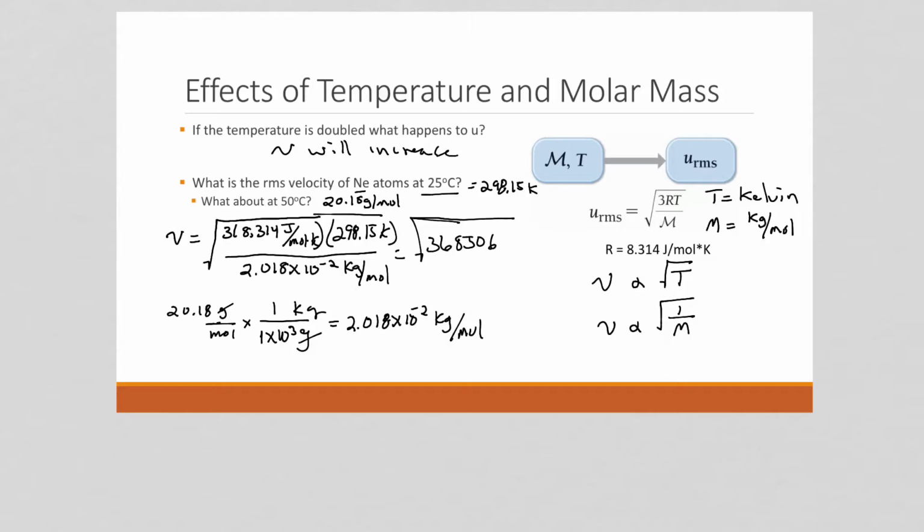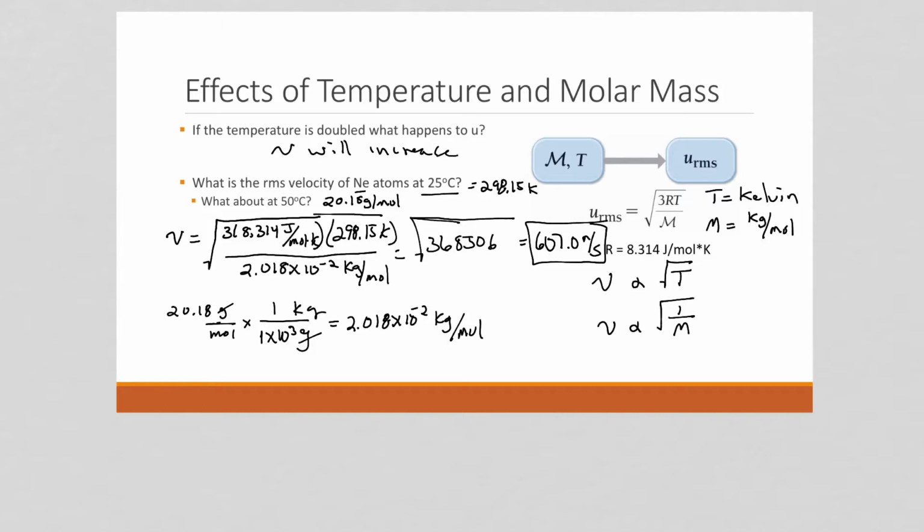And we, again, keep this to 4 significant figures. I get 607.0 meters per second as my velocity. Now, I want to look at the units real quick here.